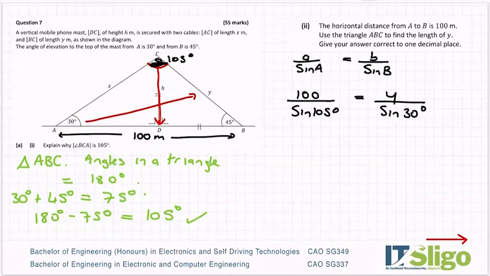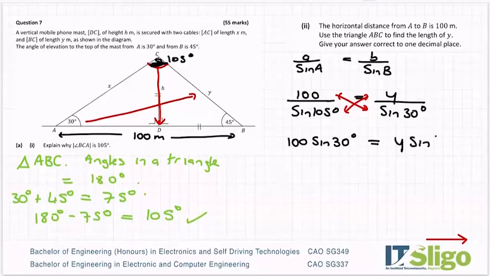And then I cross multiply. To cross multiply just means follow the path. So 100 sine 30. And the reason we do this is because then we end up with no fractions. So 100 sine 30 degrees is equal to, follow this one, y sine 105 degrees. And I could, of course, write sine 30 by 100 here. That's okay, doesn't matter. I want to solve for y.